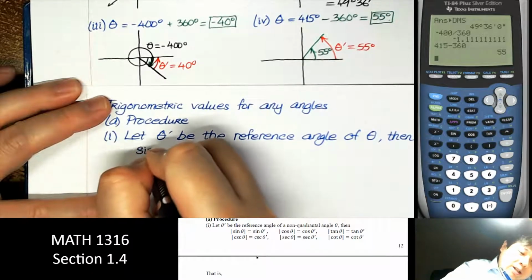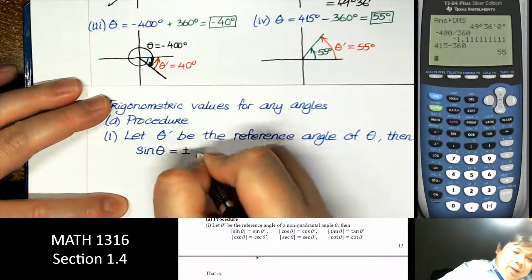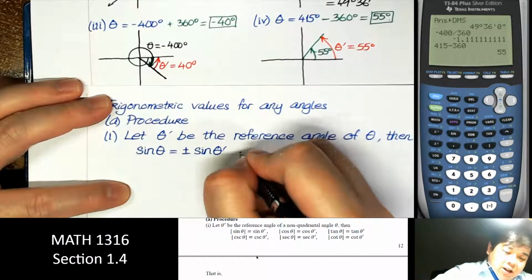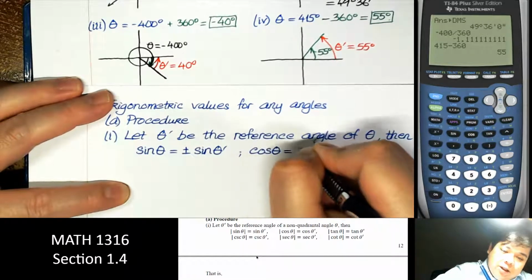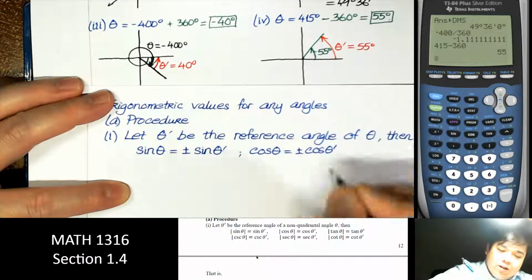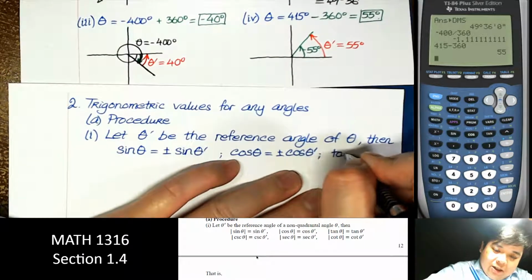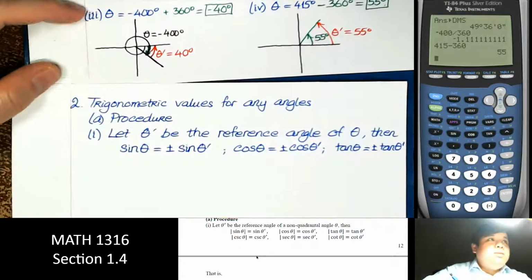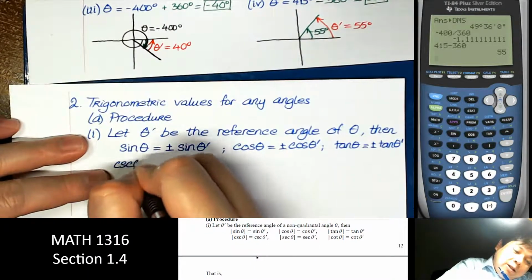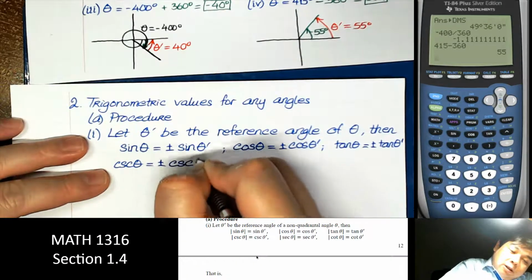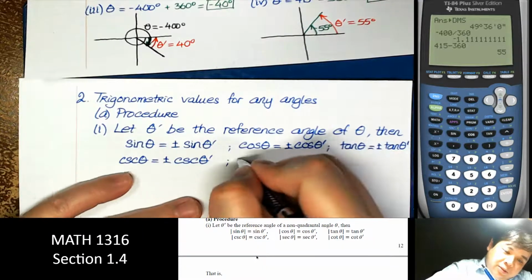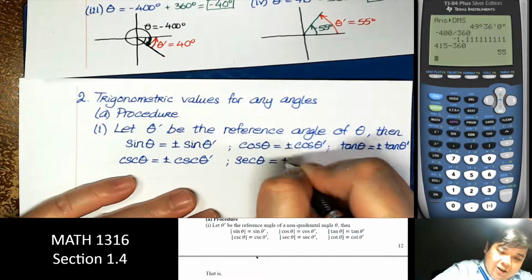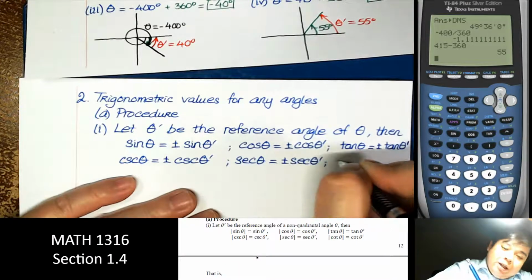I will write sine of theta equal to plus or minus sine of the reference angle, and this applies for any trig function: sine, cosine, plus or minus cosine of theta prime, and tangent, plus or minus tangent theta prime, cosecant, secant, and cotangent.